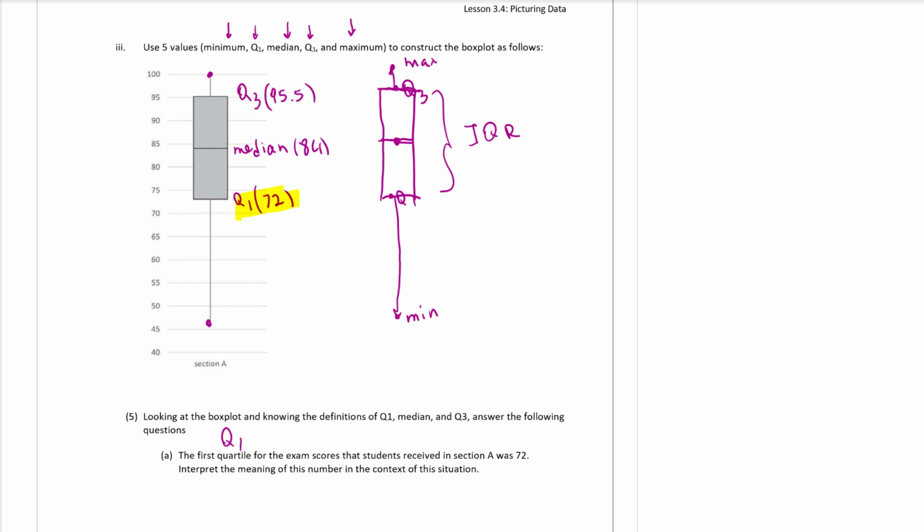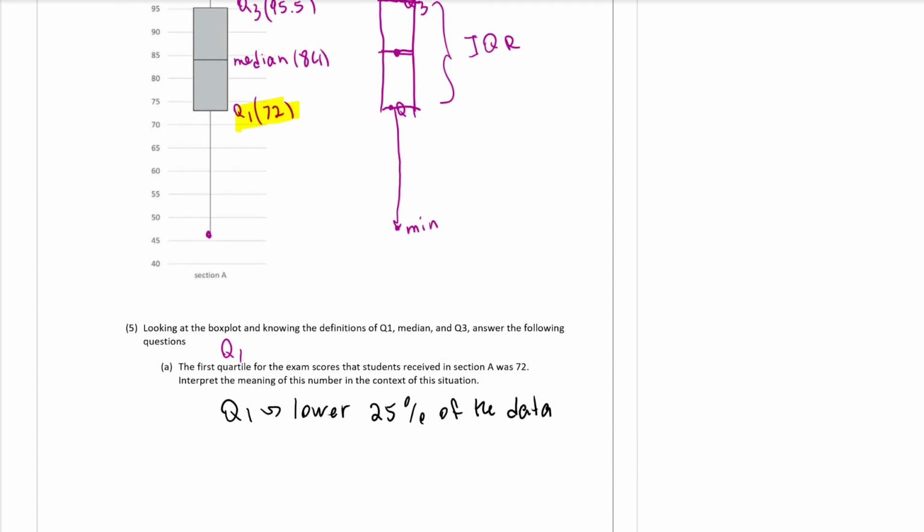Answer the question. All right, so the Q1 represents the lower 25% of the data. That's what that is, right? It's the first 25%. So that means that 25% of the scores are 72 or lower.